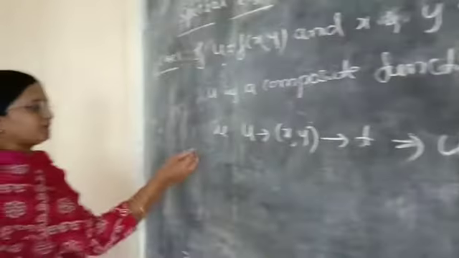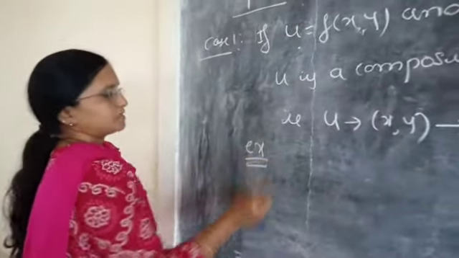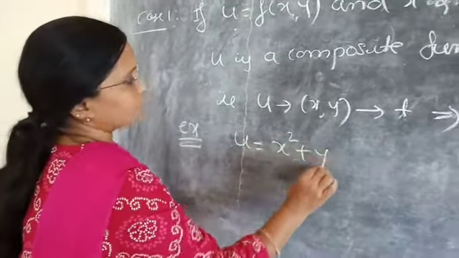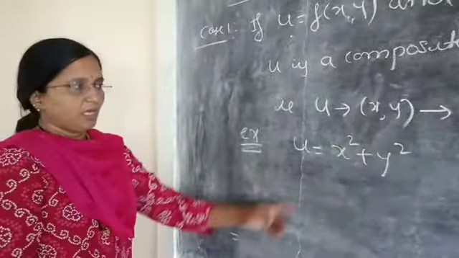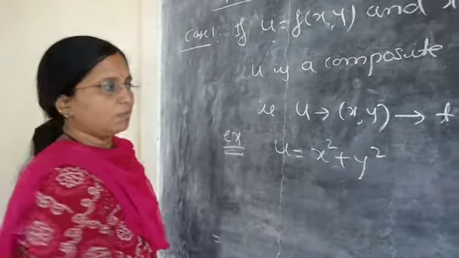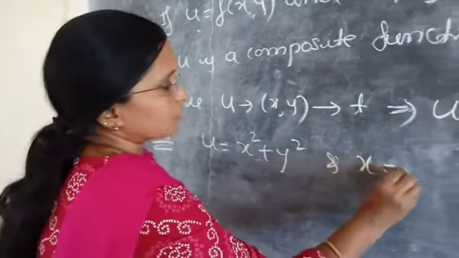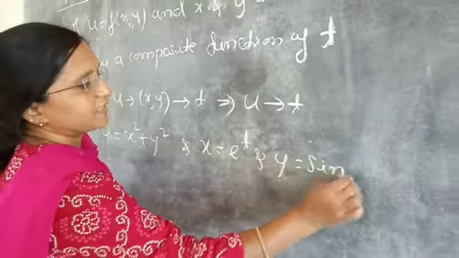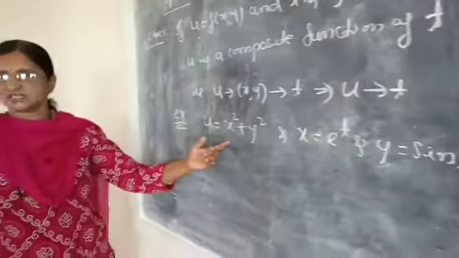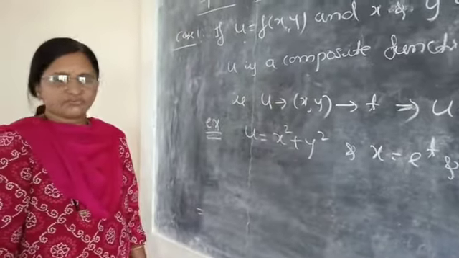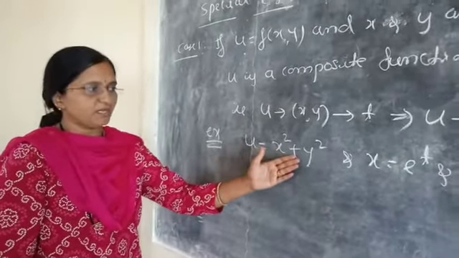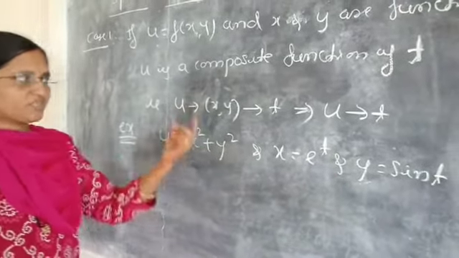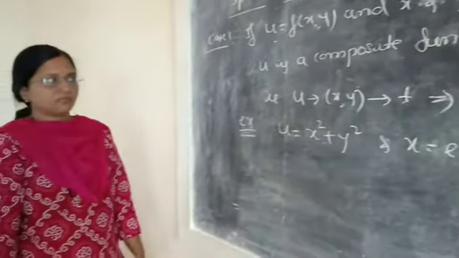So for example, suppose we have u is equal to x square plus y square, which is a function in terms of x and y, and x is equal to e raised to t and y is equal to sin t. Then such functions are known as composite functions.